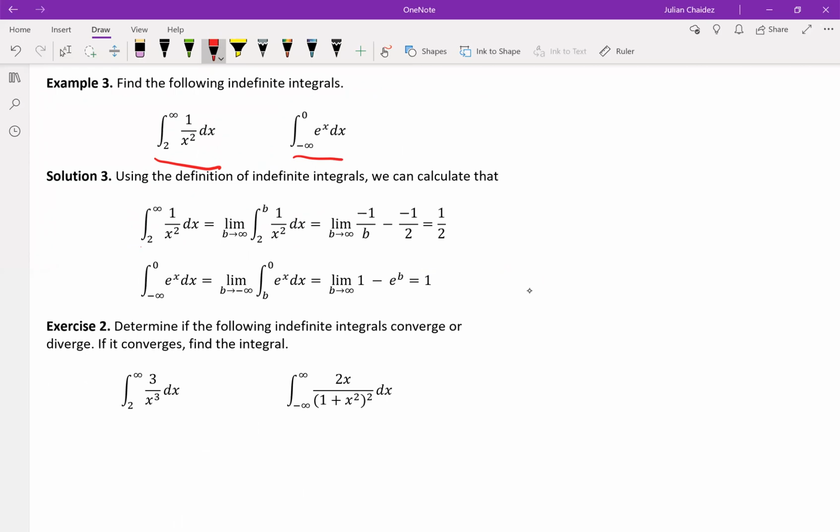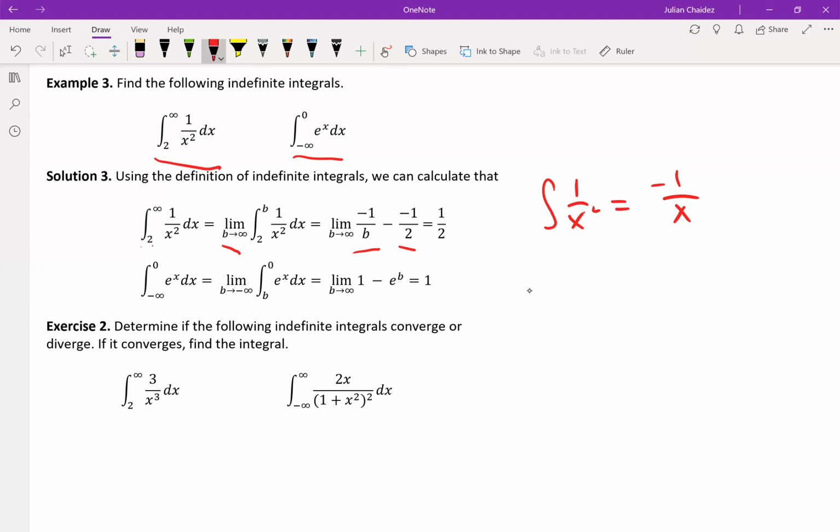So if I write the integral from 2 to infinity of 1 over x squared, this is by definition the limit as b goes to infinity of the integral from 2 to b of 1 over x squared. Now, the antiderivative of 1 over x squared is just negative 1 over x, right? So this integral can be written as negative 1 over b minus negative 1/2.